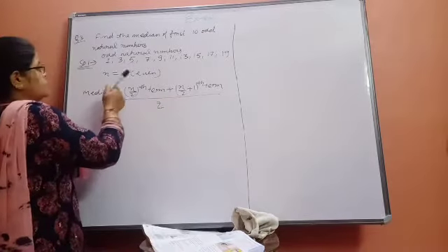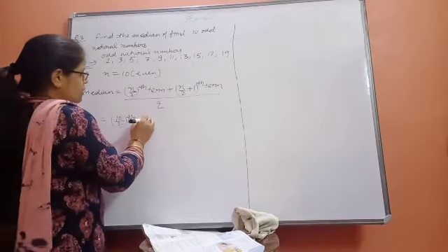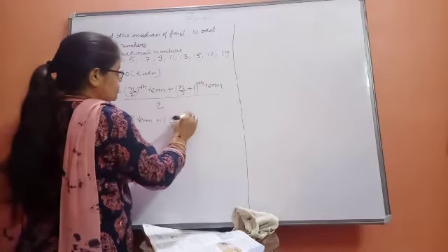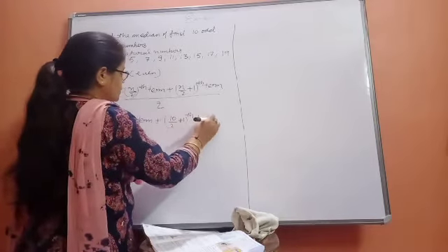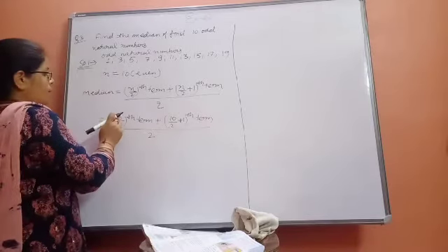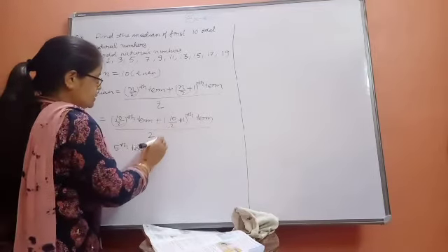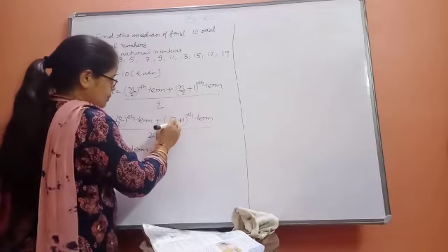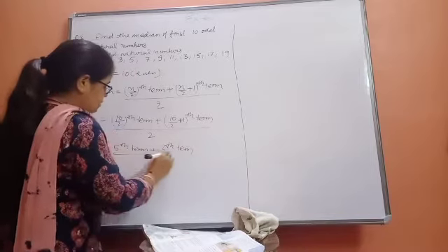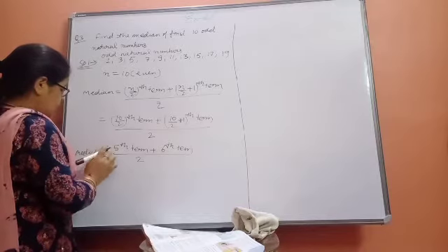So n upon 2 means 10 upon 2th term plus 10 upon 2 plus 1th term, divided by 2. So it will be the fifth term plus 5 plus 1, the sixth term, divided by 2, which will be the median.